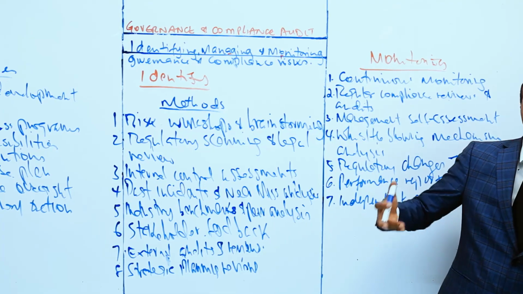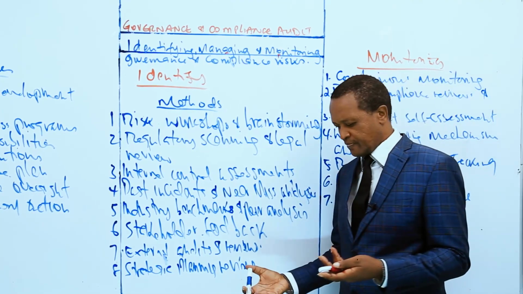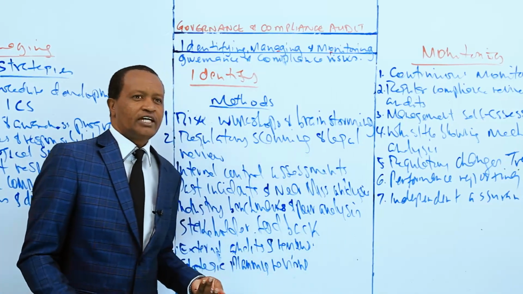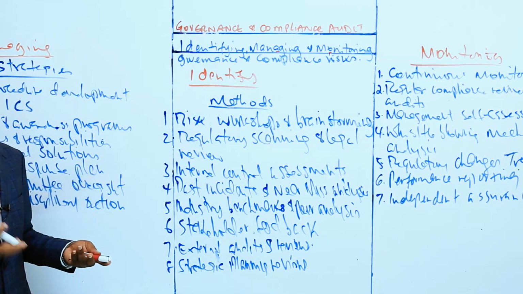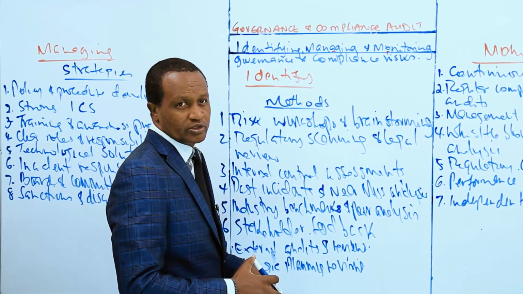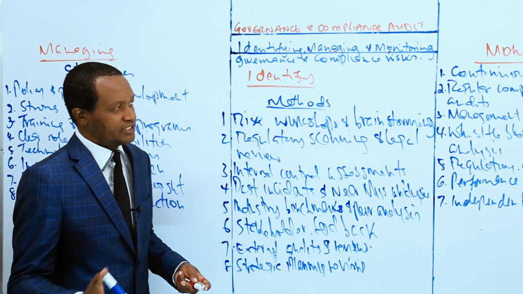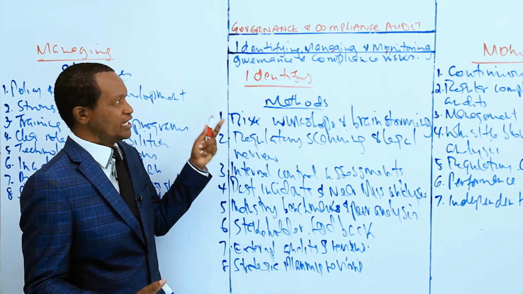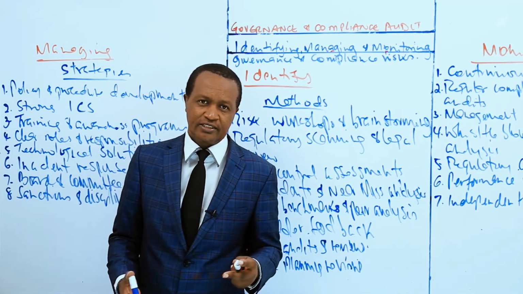Organizations, by so doing, can protect their reputation, avoid penalties, and foster a sustainable and ethical business environment. So it's very critical for organizations to put in place mechanisms of identifying, managing, and monitoring governance and compliance risks.